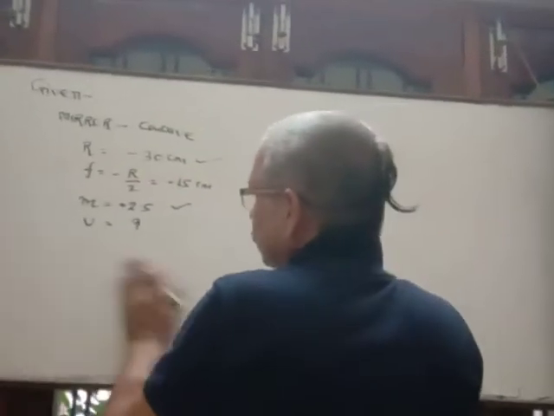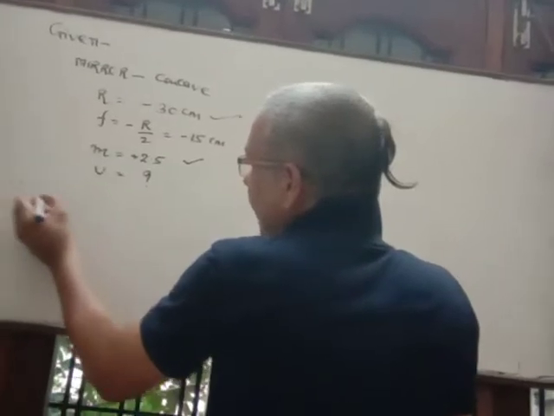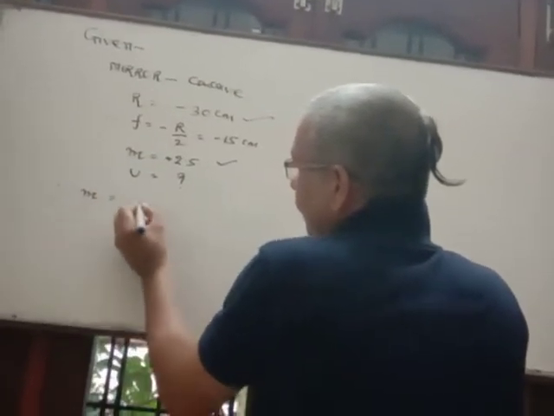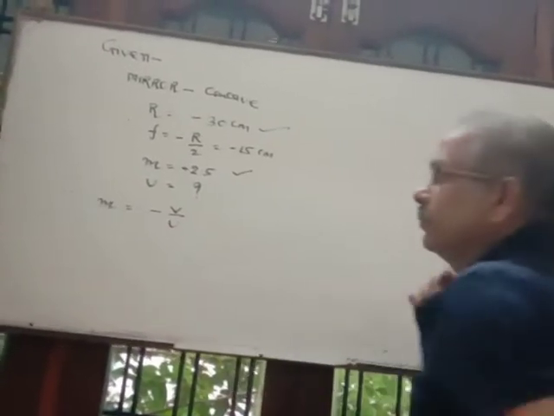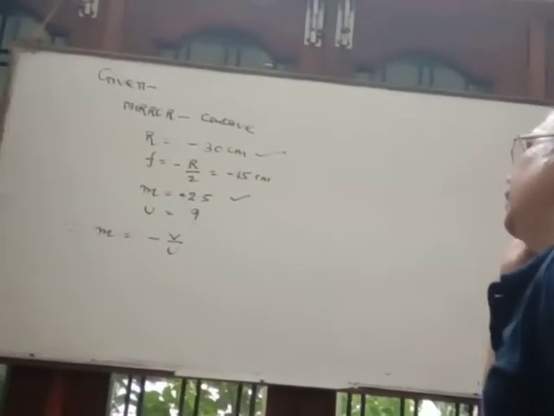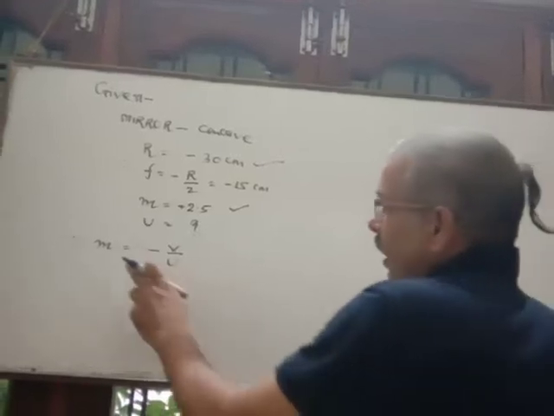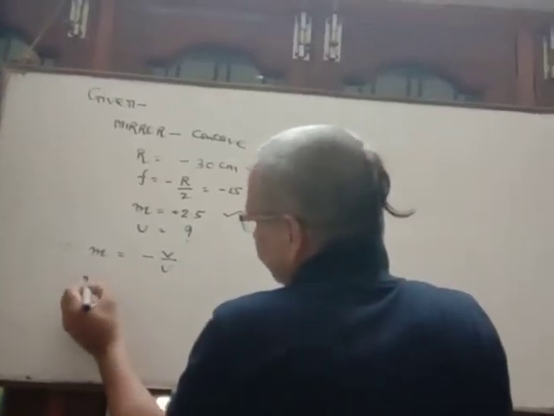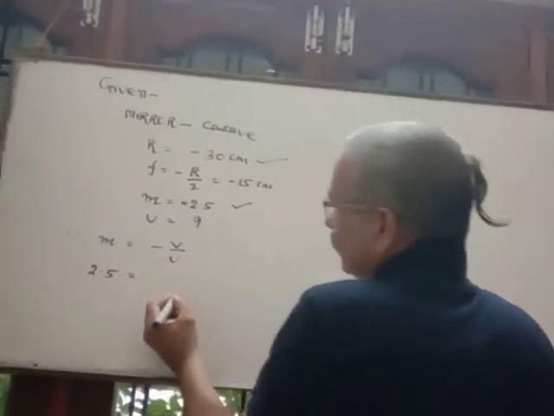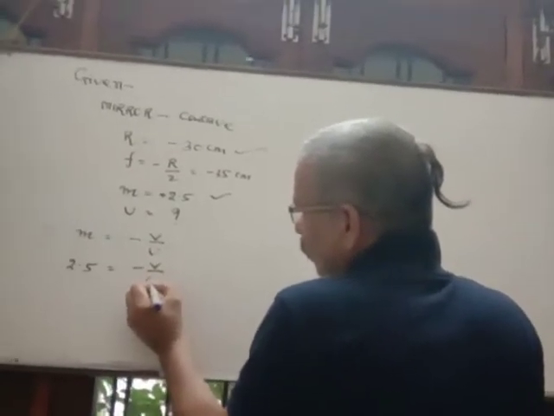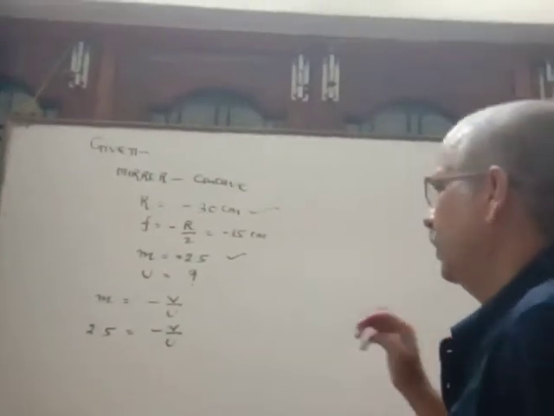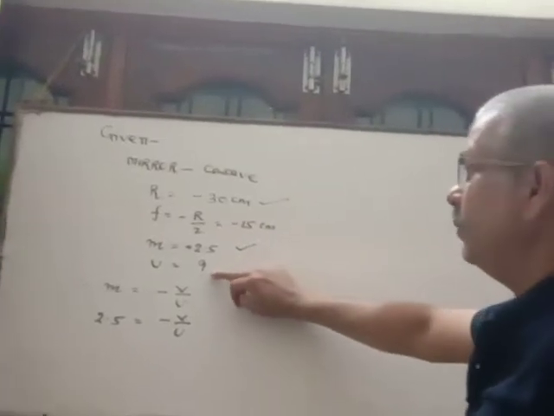So since magnification for the mirror is equal to minus V by U, M is given 2.5, minus V by U. Our question is, what is the value of U?